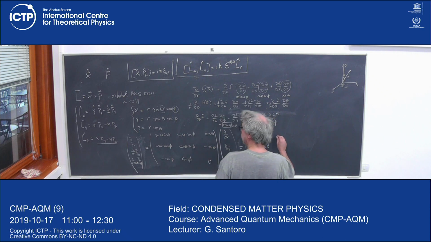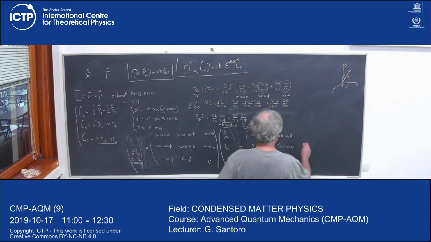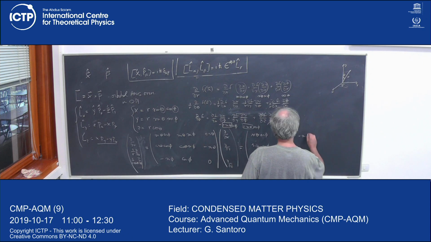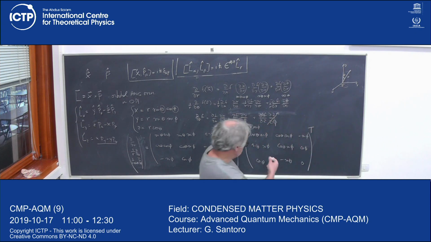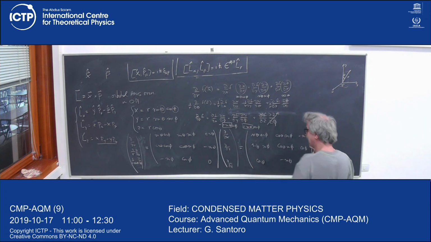The second is second column, cos theta cos phi, cos theta sine phi, and minus sine theta. And the third is minus sine phi, cos phi, 0. Okay? Transpose, obviously. I just transposed it, and therefore I have to indicate the transpose of this. You might ask, are you crazy? Why do you want to actually do that? I mean, just follow me for a second.